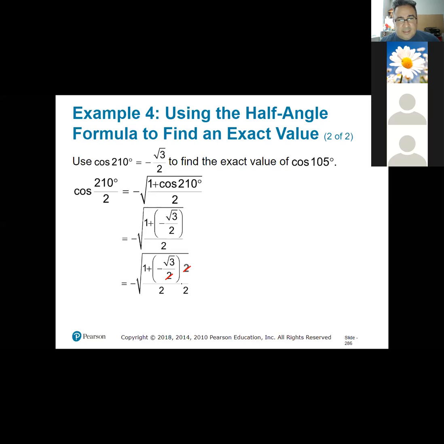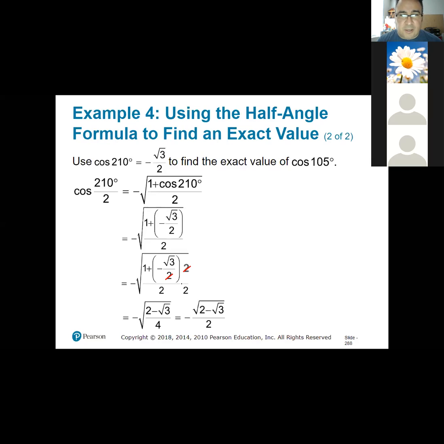So what do I end up with, right? I would end up with this. The square root of 2 minus the square root of 3 over 4. And it's negative square root of 2 minus the square root of 3 over 4. And the square root of 4 is what? 2. So I can just take the square root out from the denominator and just keep it in the numerator. Look at that.